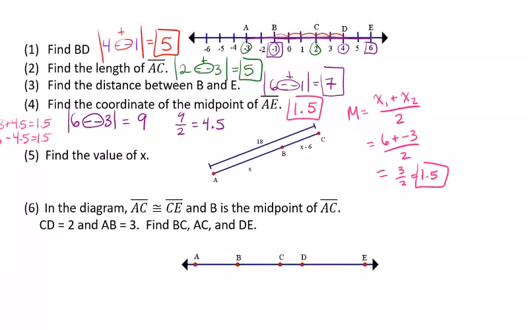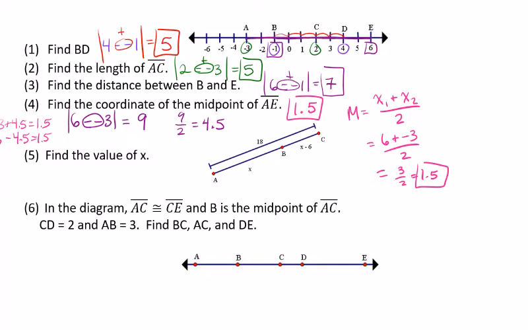All right, so next, find the value of x given this situation, right? Here we have a situation where A, B, and C are collinear, and B is between A and C, so we can use the segment addition postulate, right?